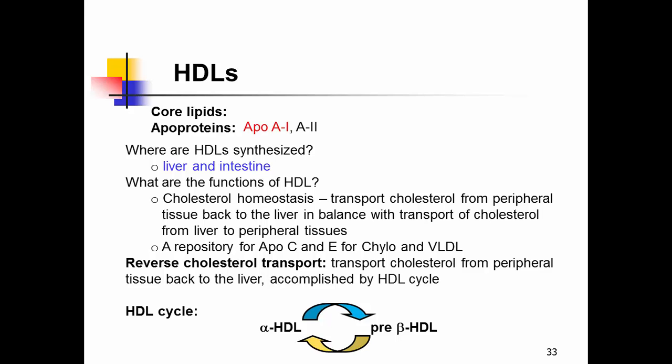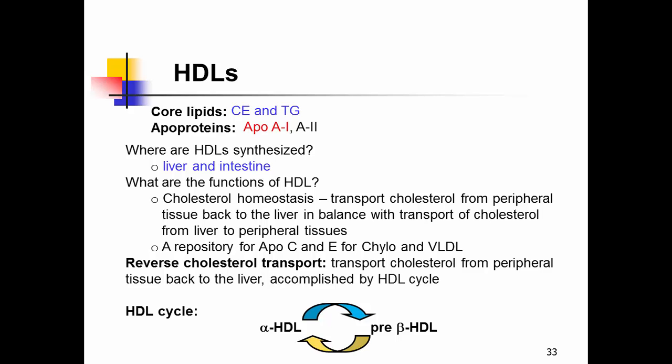What are the core lipids in HDL? Cholesterol esters, and some triglyceride too. And there are apoproteins on the surface of HDL.